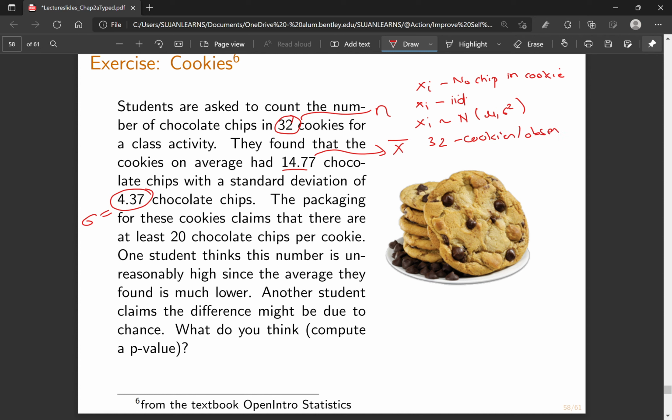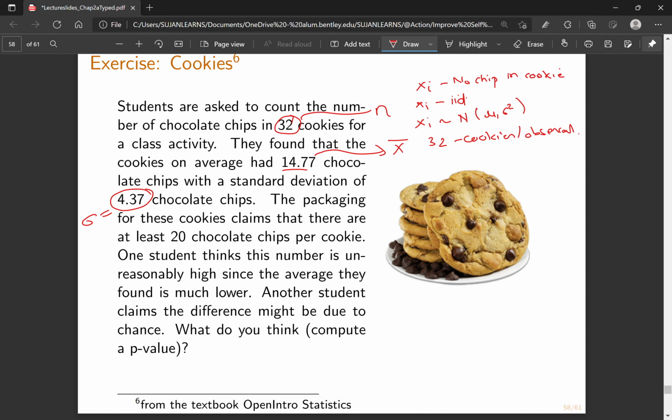To assume something is Gaussian, we need at least 30 observations, and we have 32 here, so it is more than enough. And since we are summing a bunch of independent things, the number of chocolate chips in each cookie is independent. Therefore, we can use the Gaussian as our distribution.